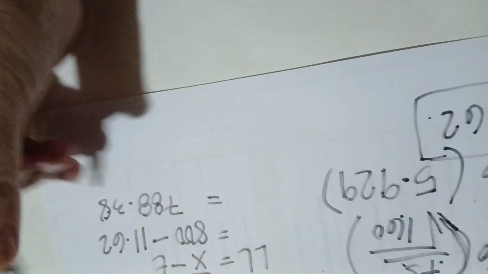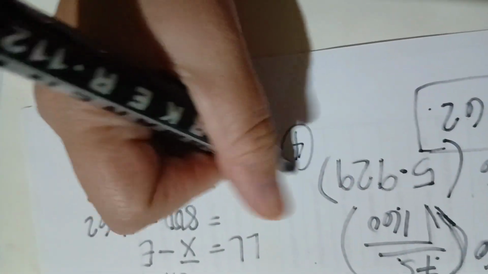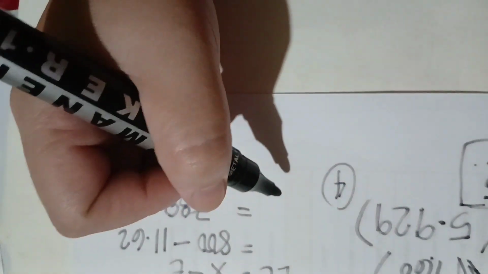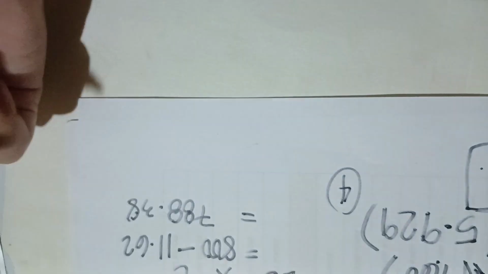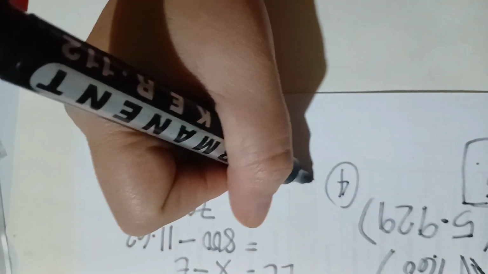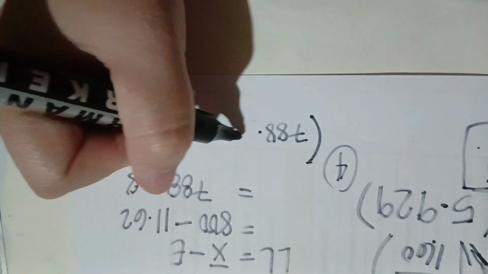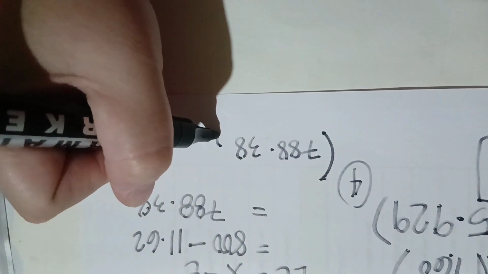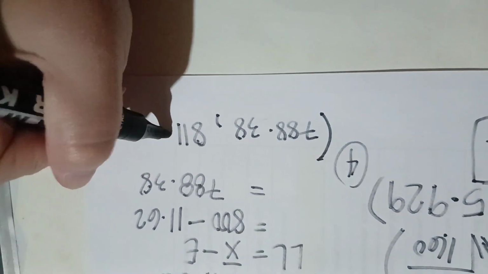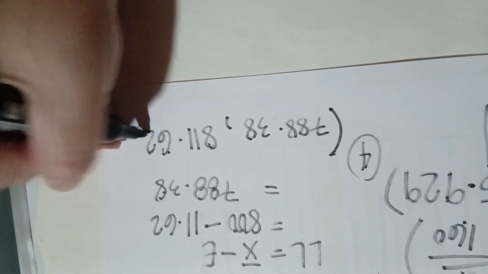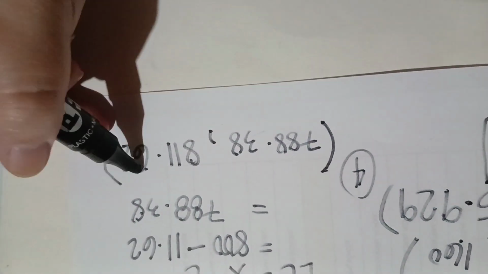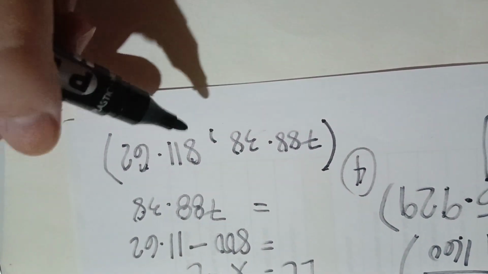So we have 788.38. In step 4, we can also write the confidence interval: 788.38 and 811.62. So this is your confidence interval.